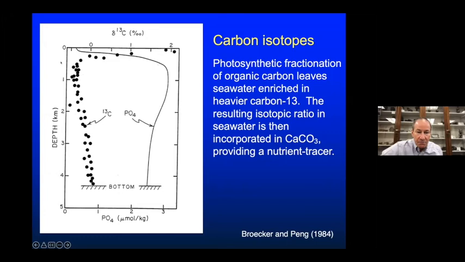And then beneath the interval where light can reach, beneath the photic zone, there's only respiration, whether it's microbial or by macroorganisms, and that puts the carbon-12 back into solution in the ocean. So the delta C13 drifts back toward lower values, but in the surface ocean where photosynthesis is using up the phosphate, it's driven to higher values.